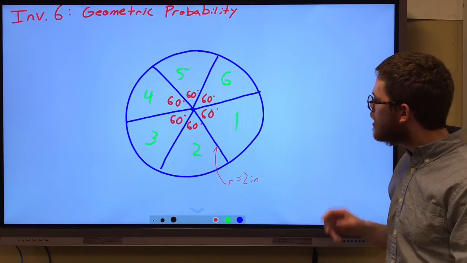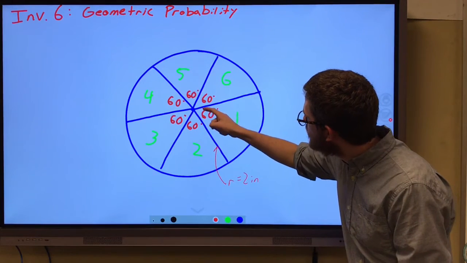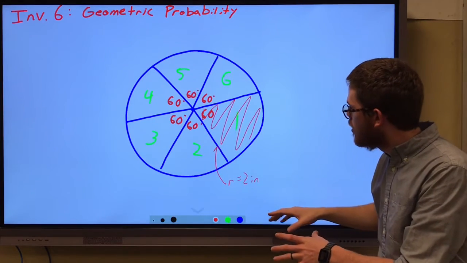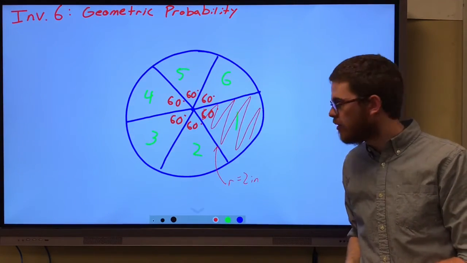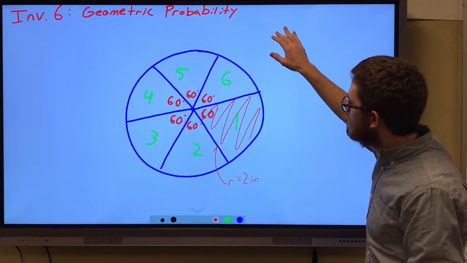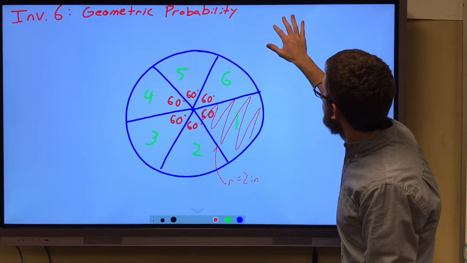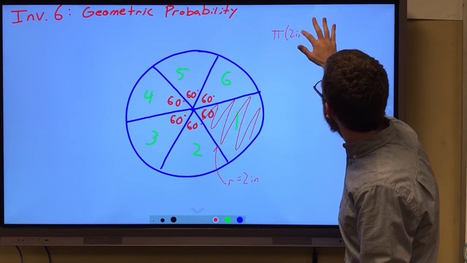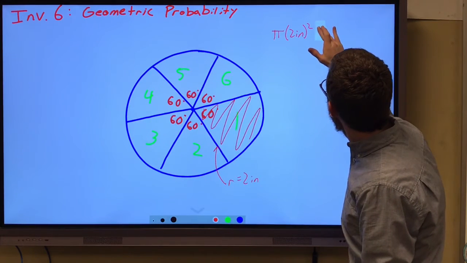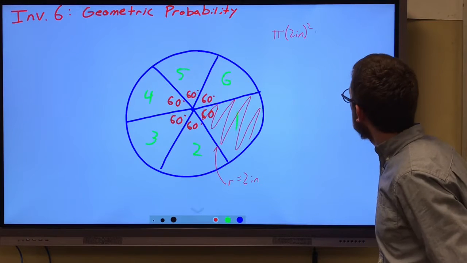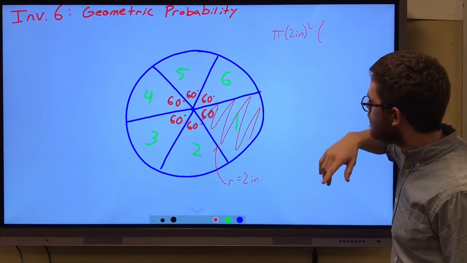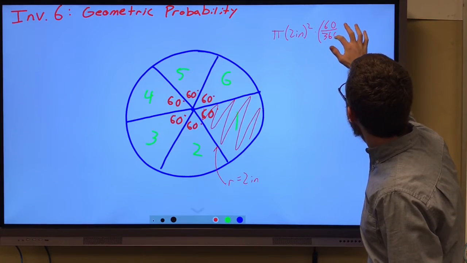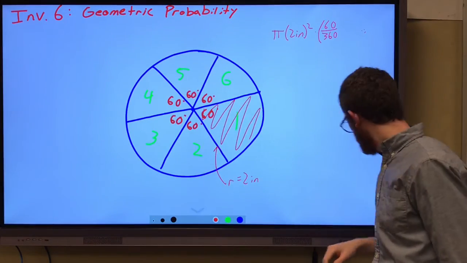And we can see that this piece of the pie right here at 1, the area of that would be a sector of this circle. So that would be the area of our circle, pi times our radius squared, times the measure 60 degrees out of 360.